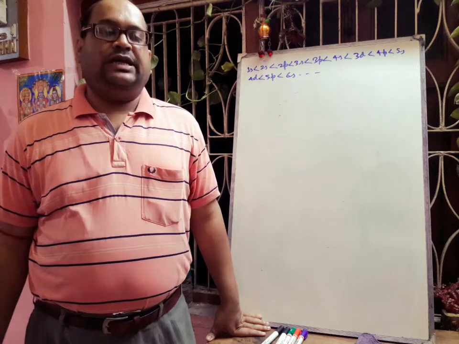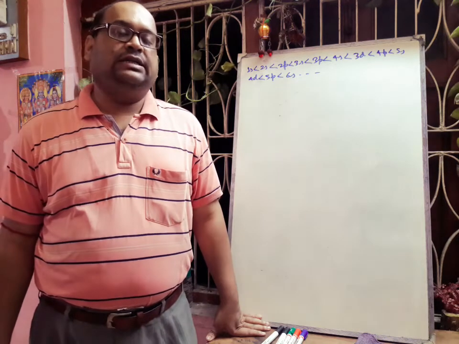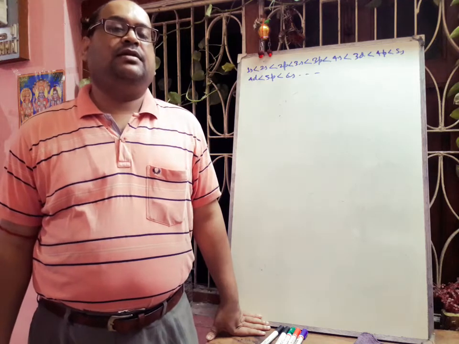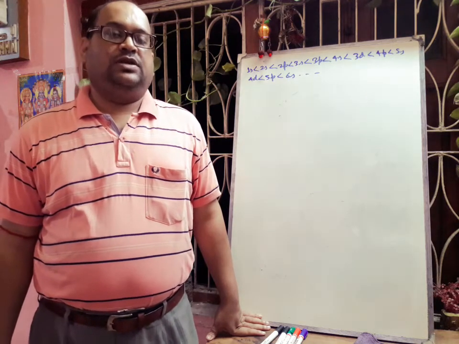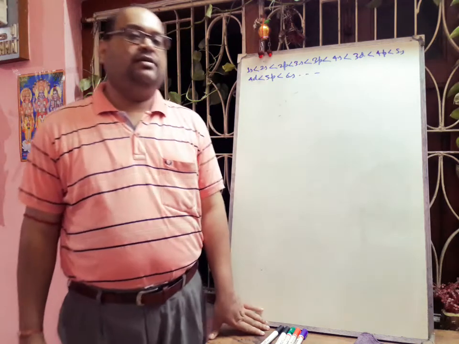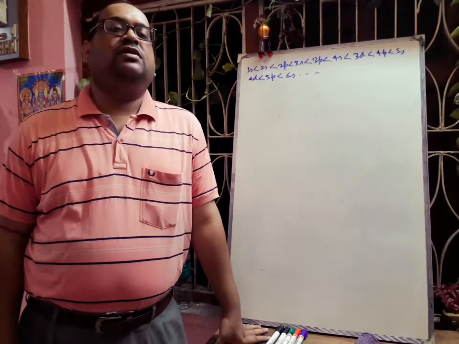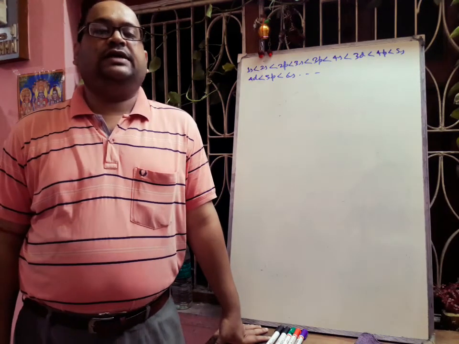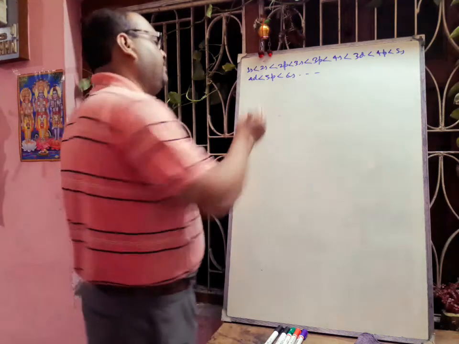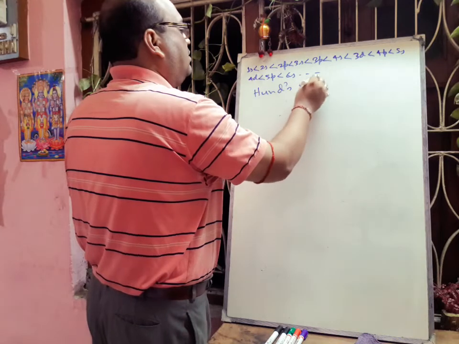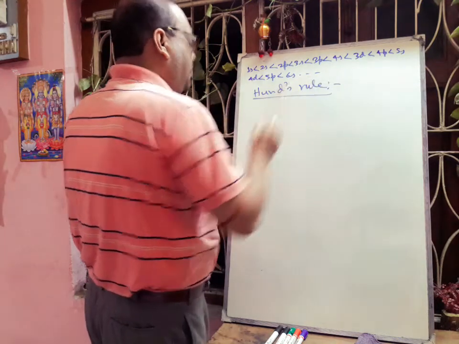So that is why we can tell that the maximum number of electrons in an orbital will be 2. So this rule is also required for the electronic configuration. Next, one very important rule for writing the electronic configuration is Hund's rule. These statements are also important. You have to remember the statements also.